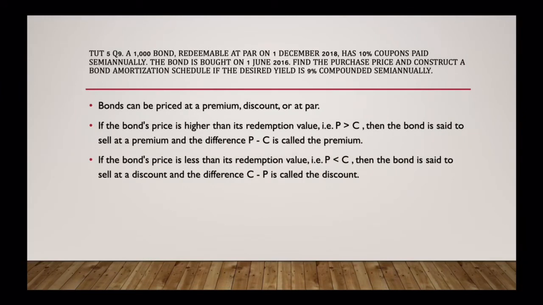To continue, I'd like to pick question 9 of tutorial 5, which is regarding the purchase of a premium or discount bond. Bonds can be priced at a premium, at a discount, or at par.